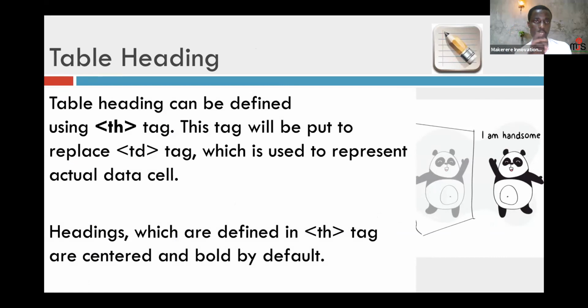If you want to do it automatically or in a more professional way, the table heading can be identified using TH, meaning the table heading tag. This tag replaces the TD, the table cell tag, which is used to represent an actual data cell. Headings defined in the TH tag are centered and bold by default.